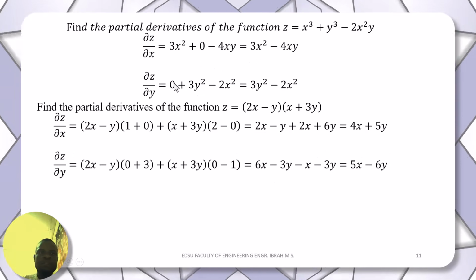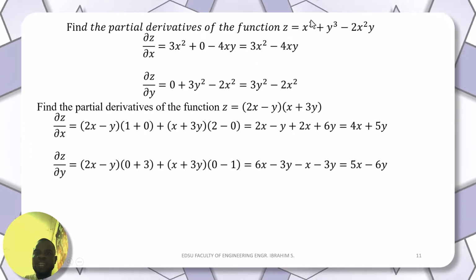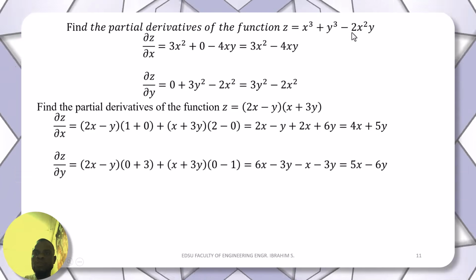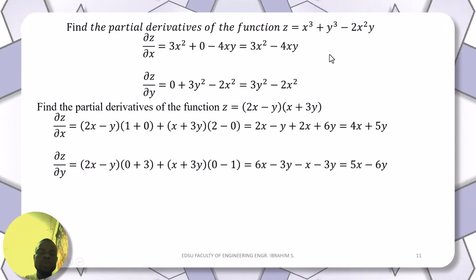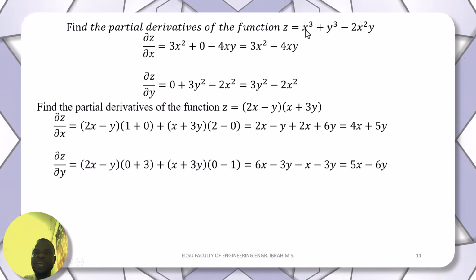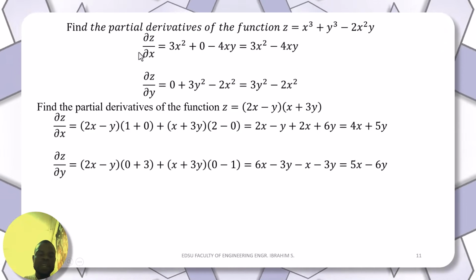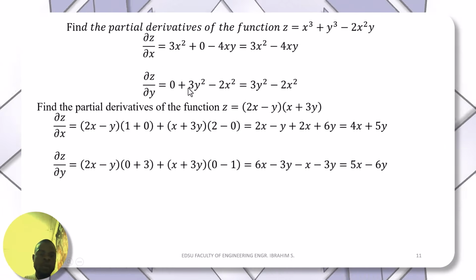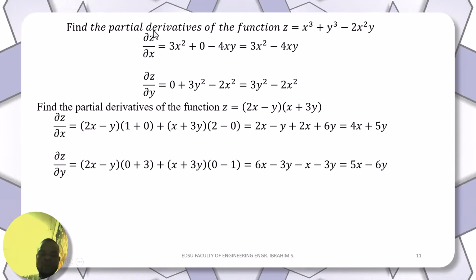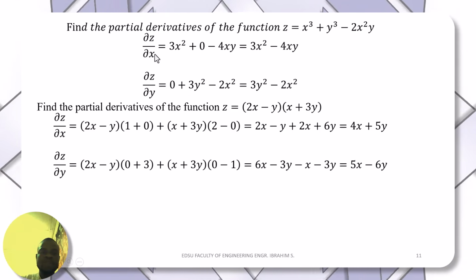So now find the partial derivative of the function z equals x cubed plus y cubed minus 2x squared y. What you do, looking for the partial derivative, you have x, you have y. So you look for the partial derivative with respect to x, then with respect to y. The first one, let's look for it with respect to x.